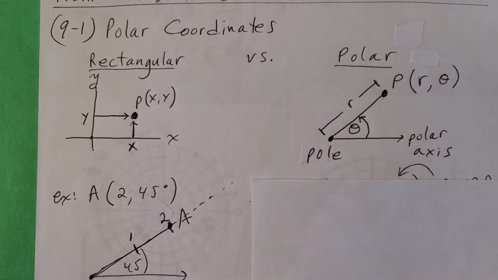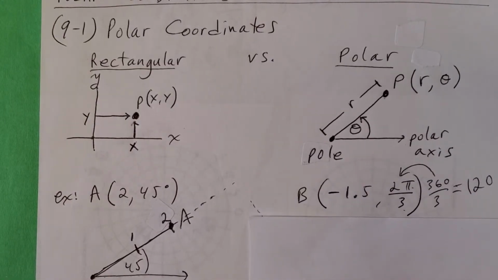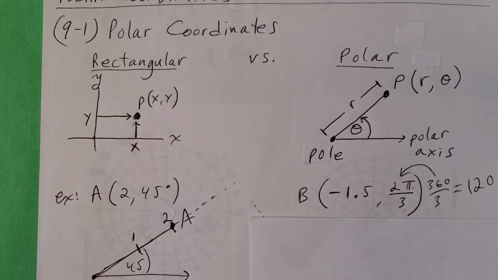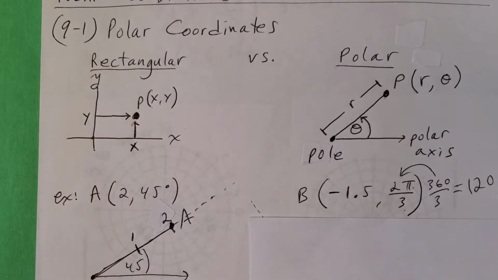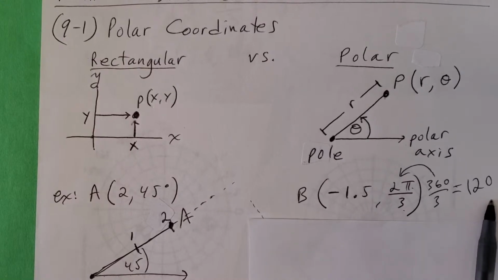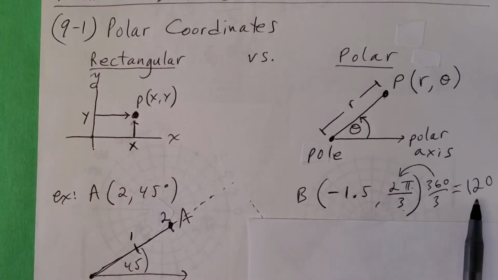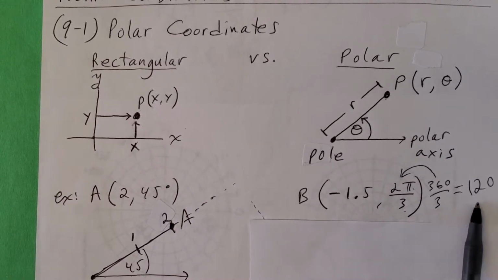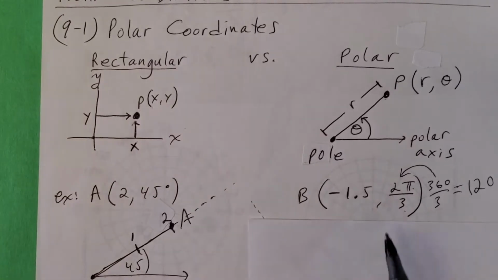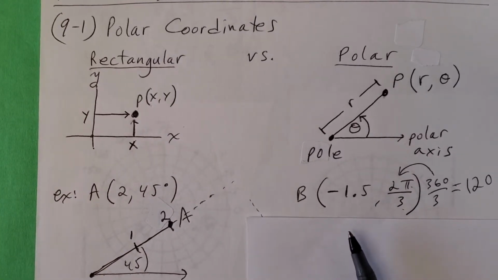Some more examples. Look at this one. Do you remember in previous chapters, our angle can be in radians, right? So whichever one you're comfortable with. If you're comfortable with degrees, quickly turn it into degrees. Negative 1.5. How do you go negative 1.5?